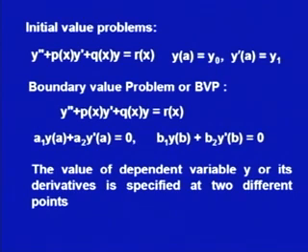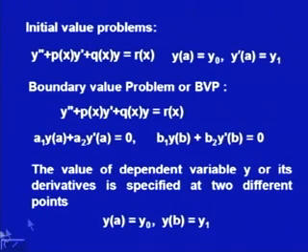We can simplify our boundary conditions more. For example, here I have one simplified boundary condition where the unknown function is specified at two different points only. You see that y at a is y naught and y at b is y 1. Here we are not having any function derivative as they were in the original boundary conditions.